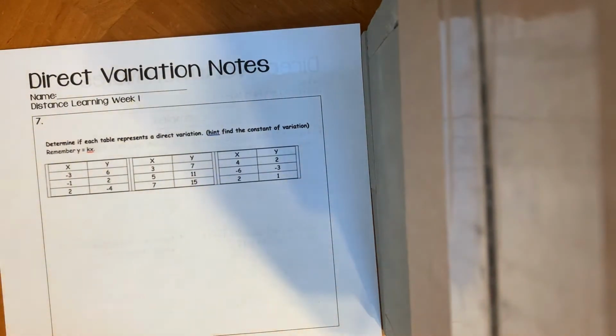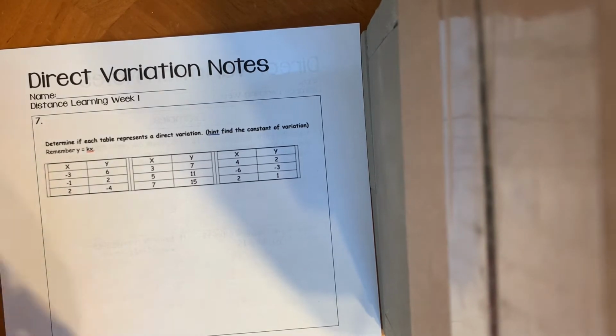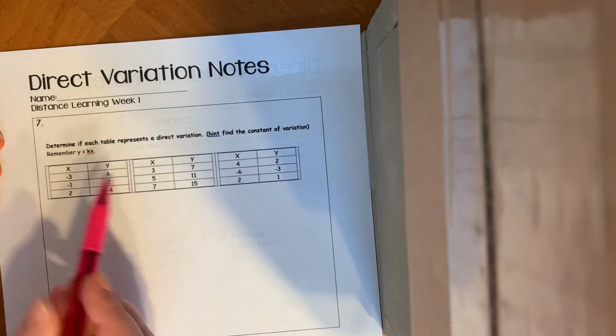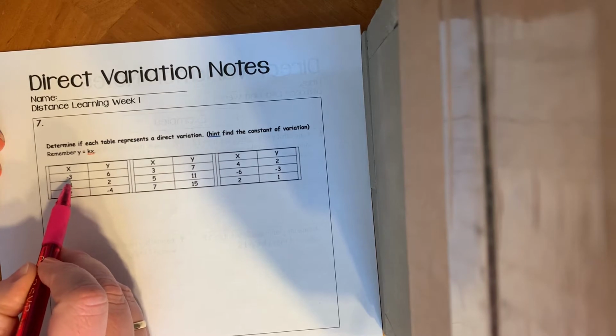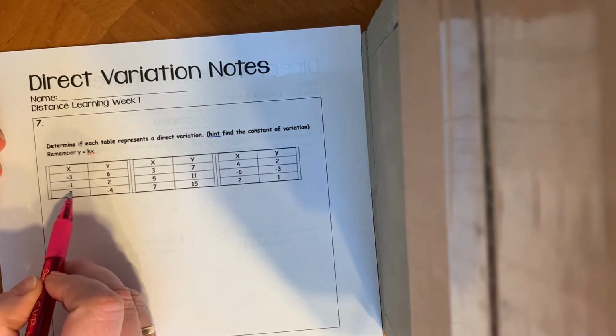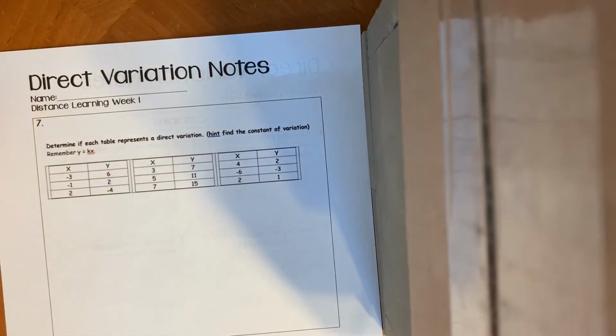Okay, so just like a regular line, you can represent it in a table with its x values and its y values. This is just a point on the line. So there's a point (-3, 6), a point (-1, 2), and a point (2, -4). So we have to figure out, is this a direct variation or not? So 2 ways you can do it.